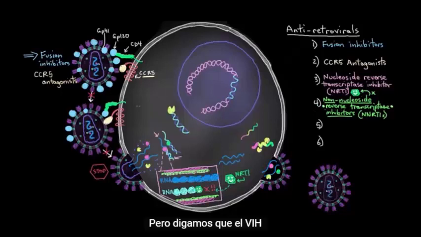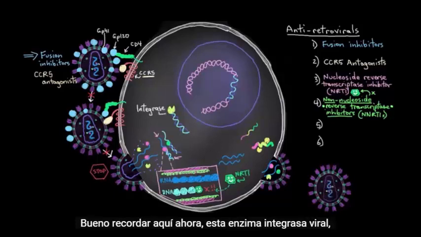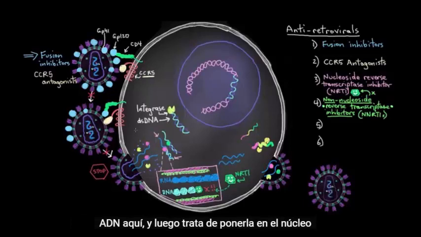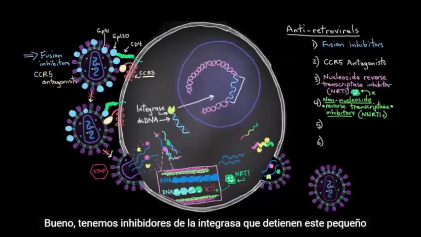But let's say that HIV mutates, again, as it often does, and then these drugs just don't work anymore. What's the next step? What's the next stage we can interfere with it at? Well, remember here, this viral integrase enzyme grabs a hold of this double-stranded viral DNA, and then it tries to bring it into the nucleus to integrate it into our DNA.